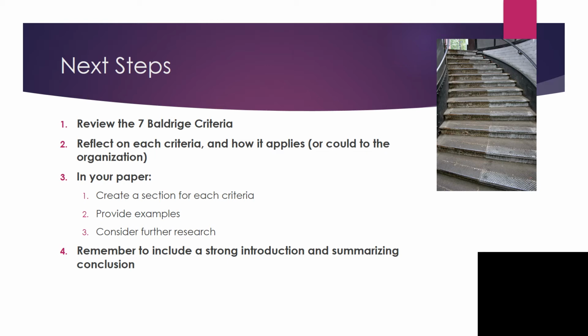After reviewing the criteria, reflect on each criteria and how it applies or could apply to the organization. In your paper, create a section for each criteria. Provide examples. Consider further research. Remember to include a strong introduction and a summarizing conclusion.